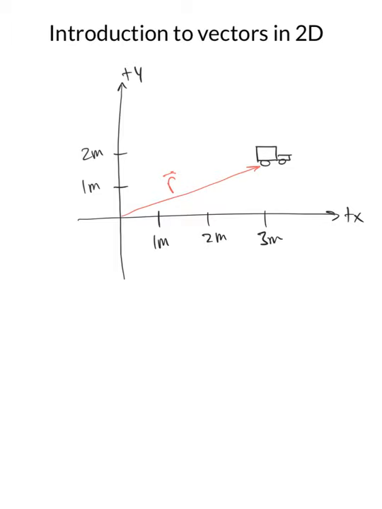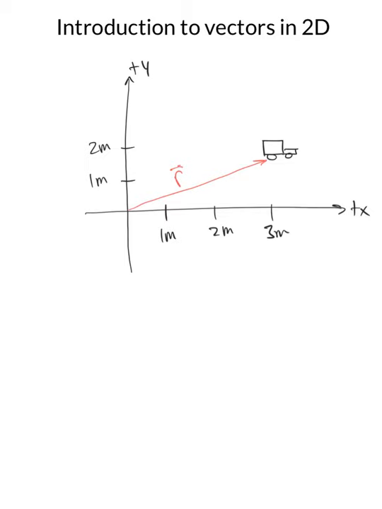And we can write r vector in terms of the x and y components of the truck's position using i hat and j hat notation. So imagine that I'm at the origin and I want to get to the truck. Well, I could get there by walking 3 meters in the x direction, and then by walking 2 meters in the y direction.